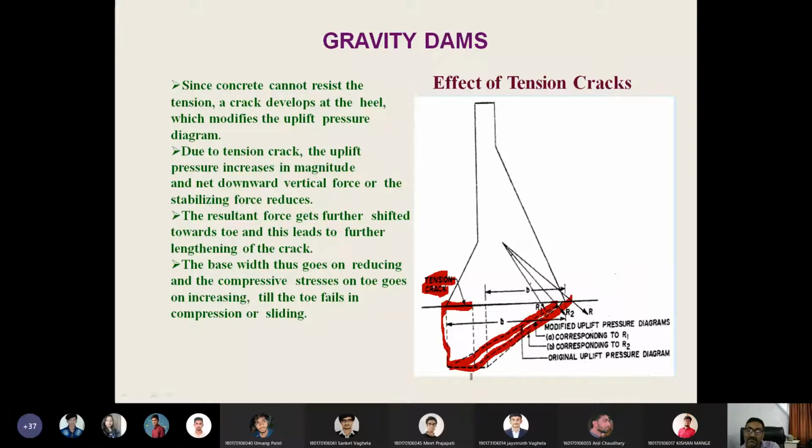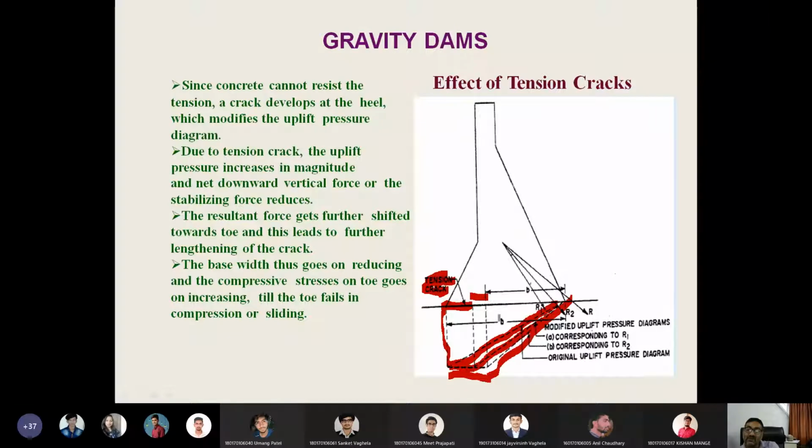Since this has changed, the stress condition P and value of Pn would change, and during the course of time this length LC would increase. Suppose it increases up till here, then as per the code provision we take the horizontal length up till here and then take it to the toe.